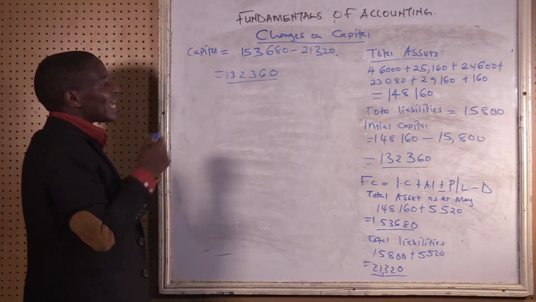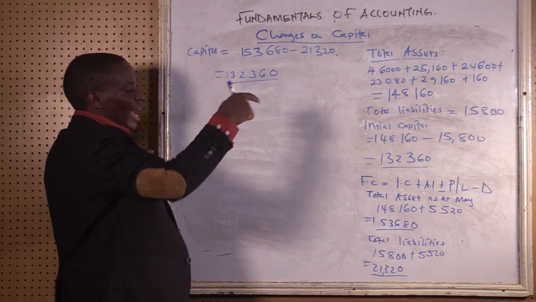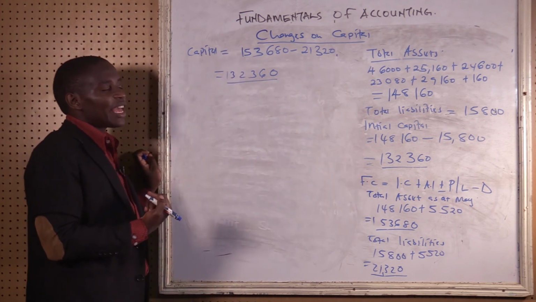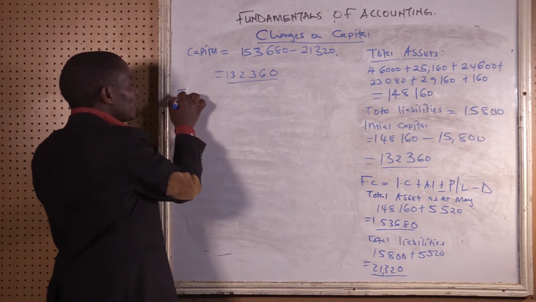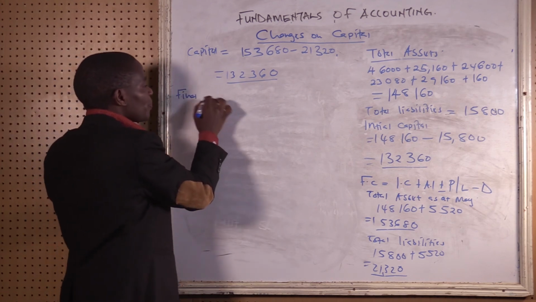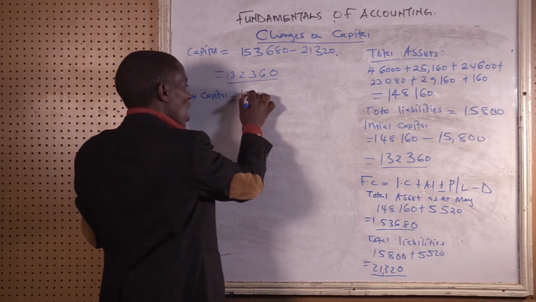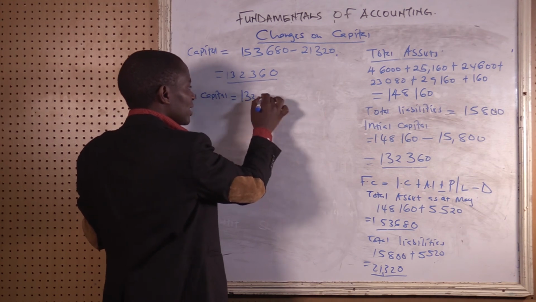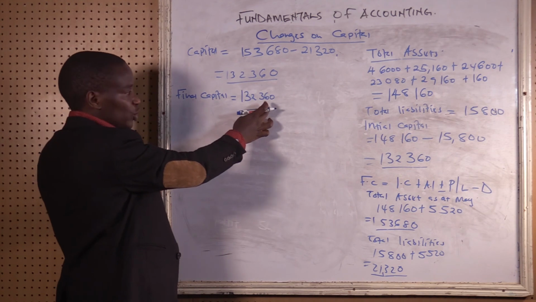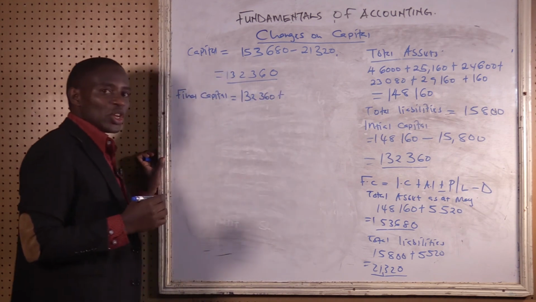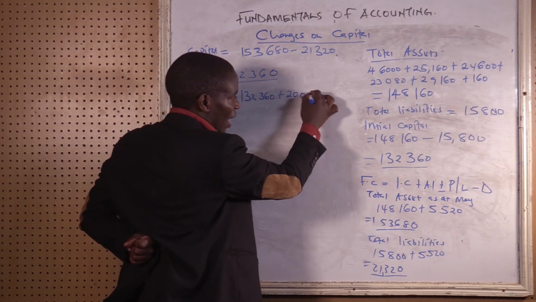So because we had now done this, we have seen that in our other transaction there was additional investment of 20,000. So we can have now our final capital to be equivalent to 132,360. That is our initial capital plus additional investment of how much? 20,000.